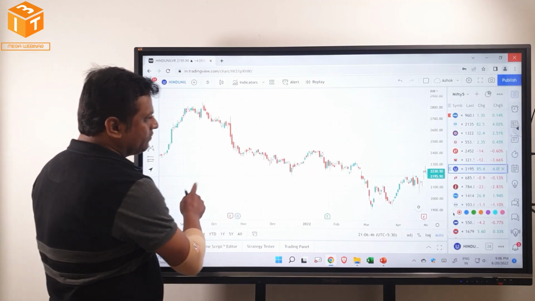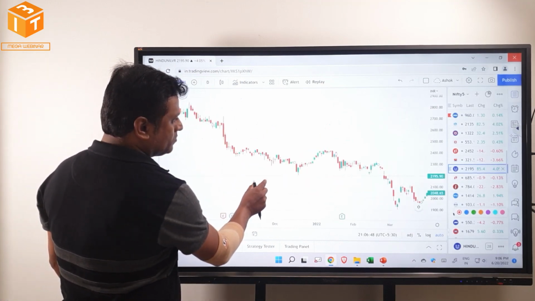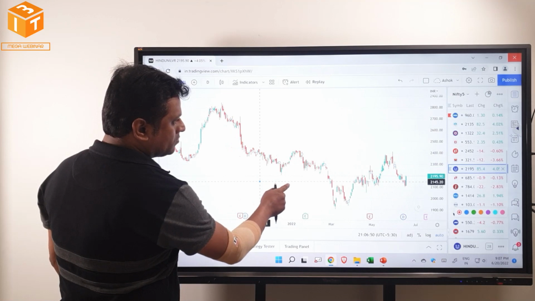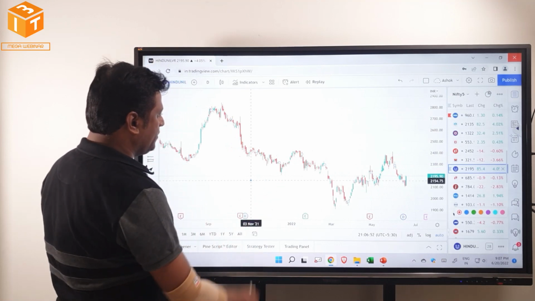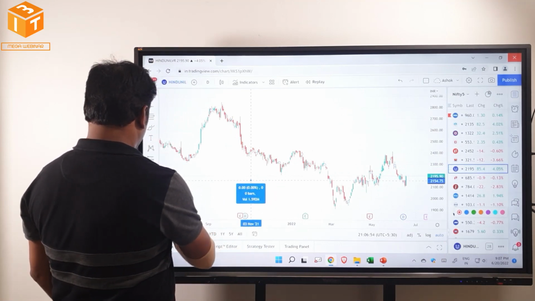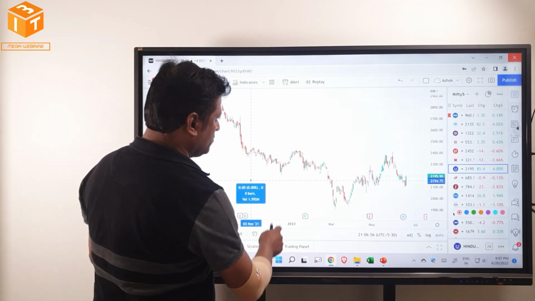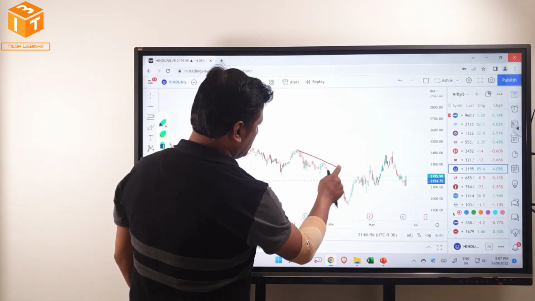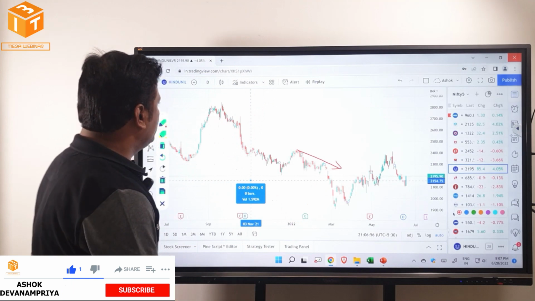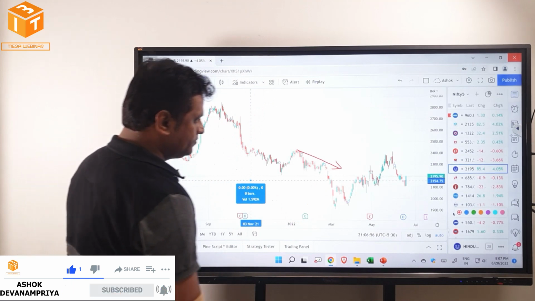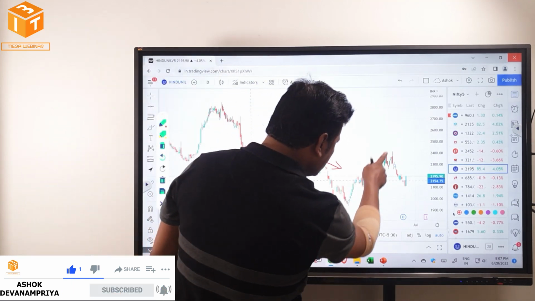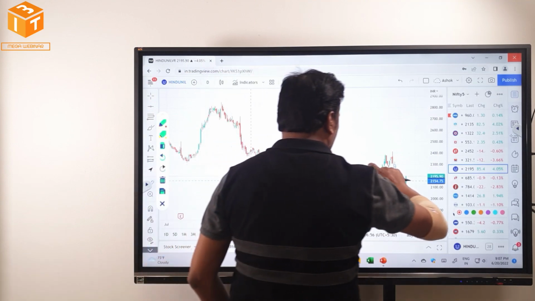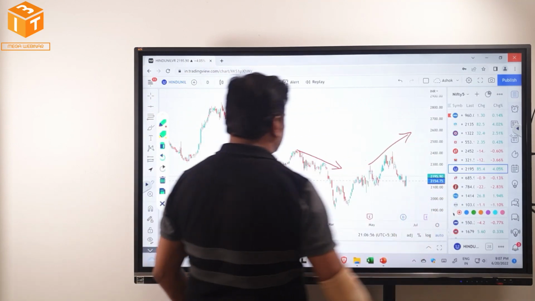This is Hindustan Unilever. Can I draw this trend line? Can I draw this trend line?